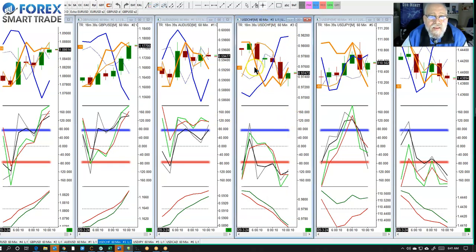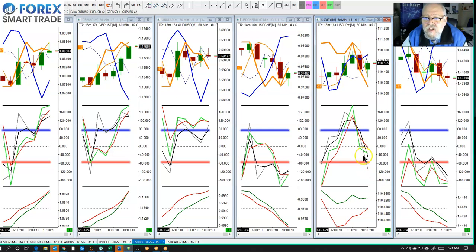Dollar Swiss franc. We are oversold, and the minors are pointing up and double crossed, but the majors aren't there yet. Dollar yen, we are in the channel going down, and we're more than halfway.